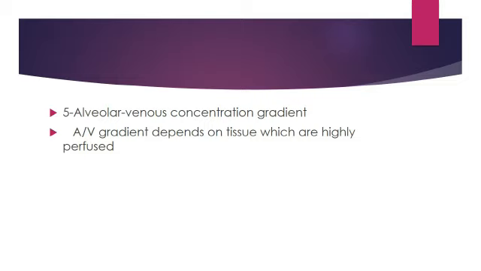So the agents which are highly soluble in blood or highly lipid soluble are taken up by the highly perfused tissues, the arteriovenous difference increases, and therefore they have slow induction.